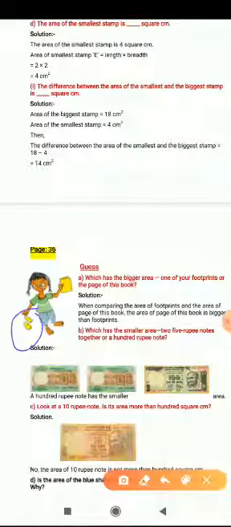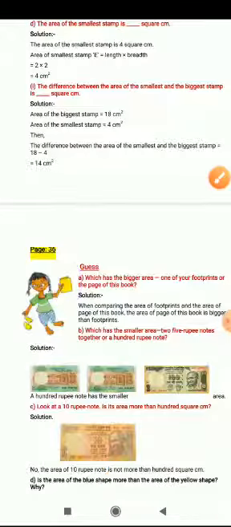Footprint means your foot's footprint, and the page of this book. We have to compare this area and find out which one is bigger. When comparing the area of the footprint and the area of the page of this book, the area of the page of this book is bigger than the footprint.